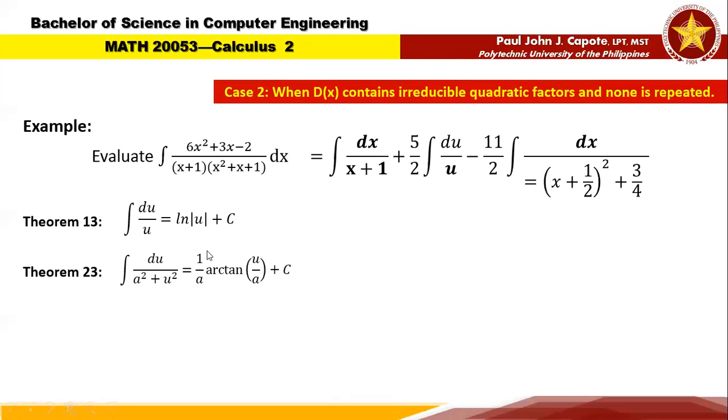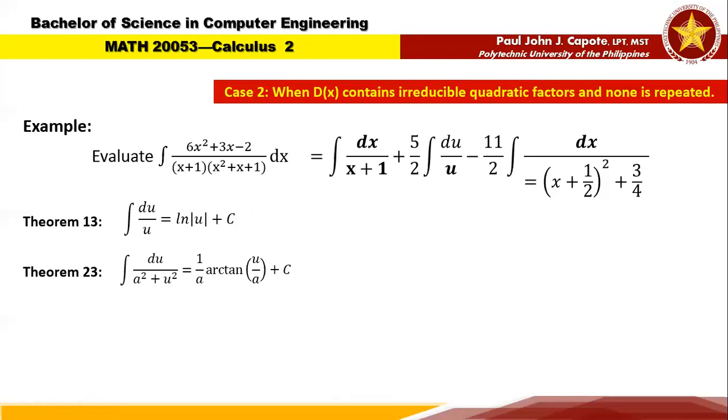Theorem 13 is applicable to the first integral. Theorem 23 is applicable to the third or the last integral. Oh, here comes again this equal sign. Never mind this equal sign. It's a typographical error. Sorry for that.